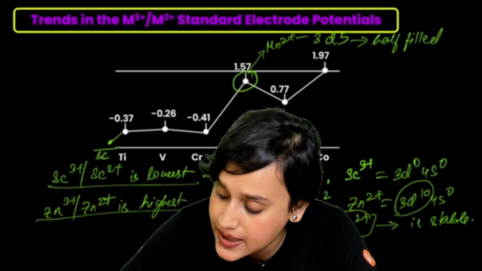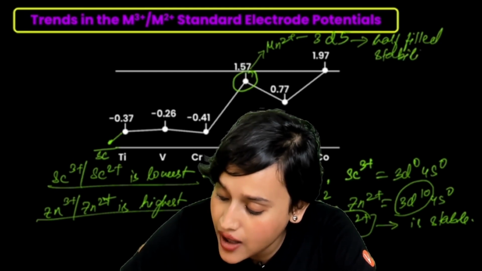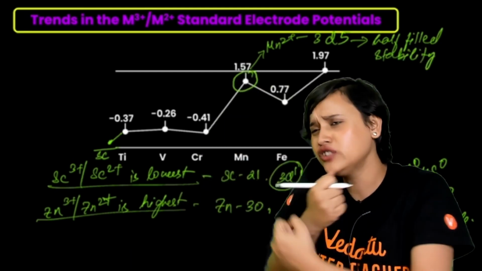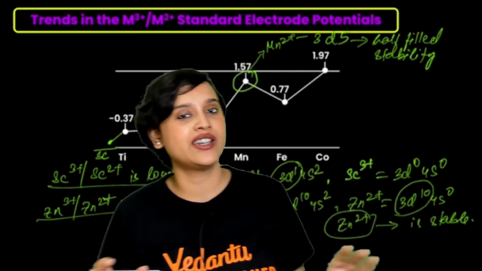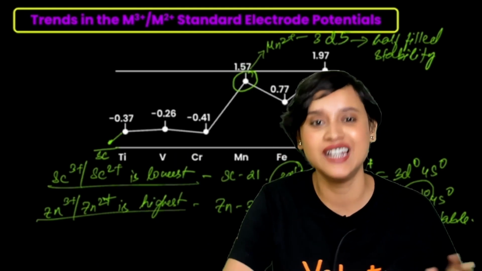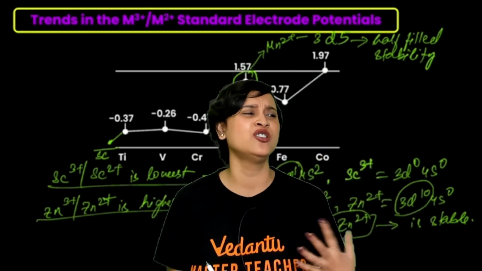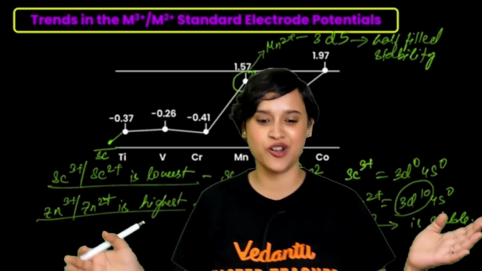It will be like, no, don't take my other electron. Half filled stability configuration is why it is not going to give away the third electron. It will be like, no, 2+ is fine. Why do you want to take the other electron? It will not want to give away.